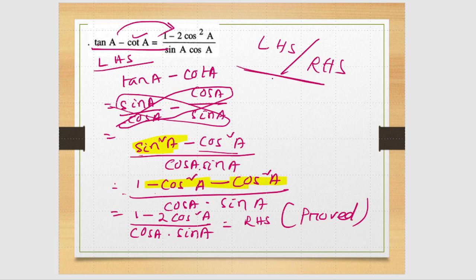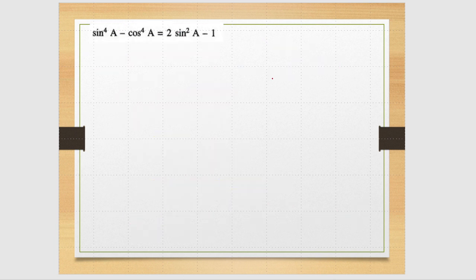Now go for the next problem. The next problem is something like this. Sin to the power 4 A minus cos to the power 4 A equals 2 sin square A minus 1. Student, here you all know a formula, A square minus B square, which is (A plus B) into (A minus B). So we will use this formula.